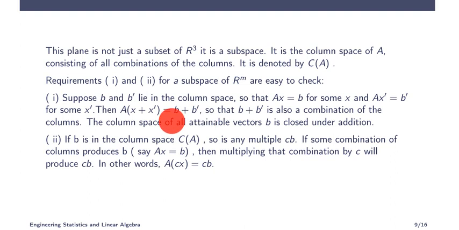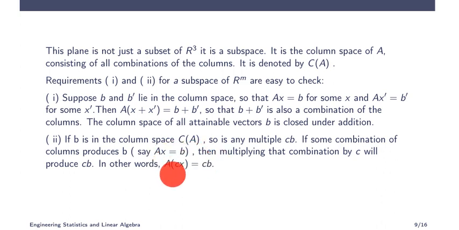Two vectors are there, their sum can also be represented as a linear combination of A, means it is closed under addition. And the second one is to take a multiple cb. Take a c such that, you already know that b is an element of the column space, so that Ax is equal to b, and you multiply b by c. Now if you multiply b by c, then Ax also gets multiplied, so Ax is equal to b becomes A times cx is equal to cb.